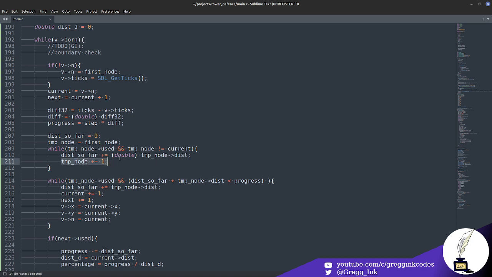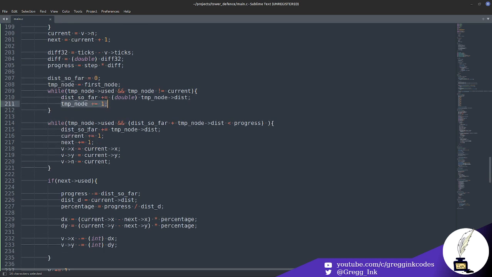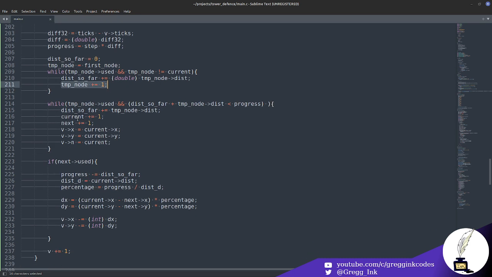TMP node plus 1. Yeah. Okay. Sure, that all looks good. Well, TMP node used and this so far, plus it is smaller than the progress. So it should be further along. Then. Yes.